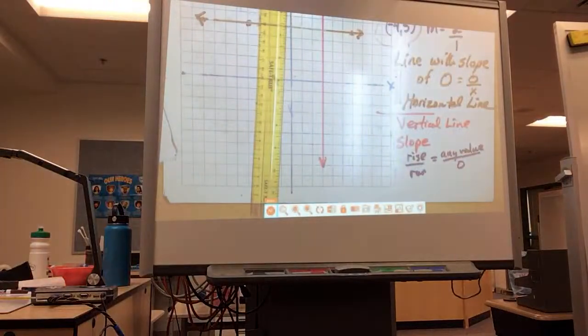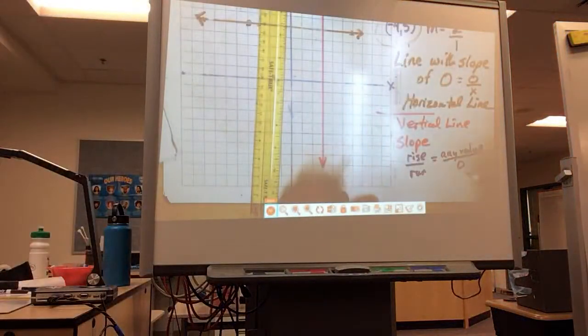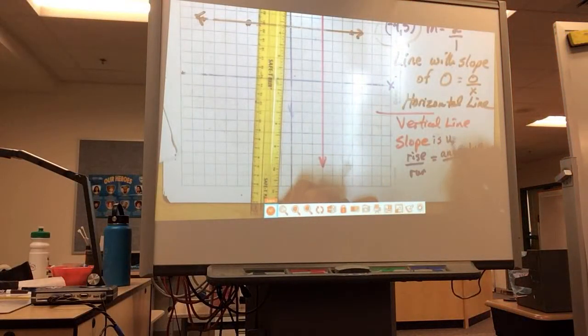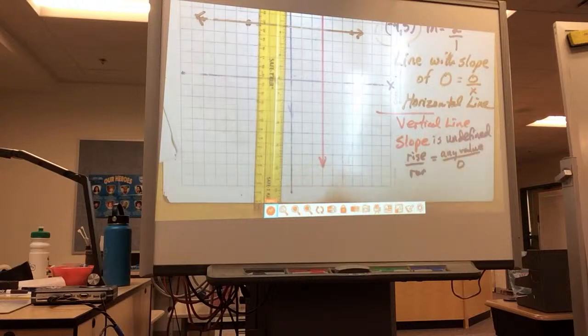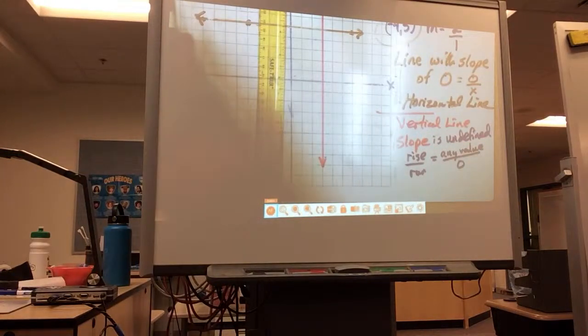But when we divide by 0, that's undefined. So we say that this is an undefined slope. So the slope is undefined for all vertical lines. There is no slope. It can't be quantified.